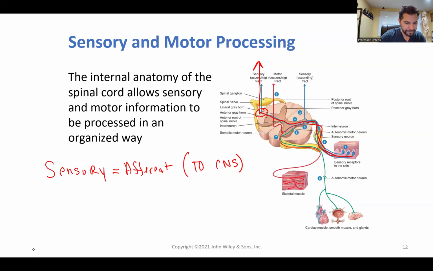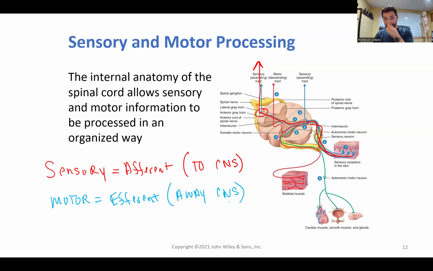Motor messages are efferent and go away from the central nervous system, as we described through multiple pictures already.